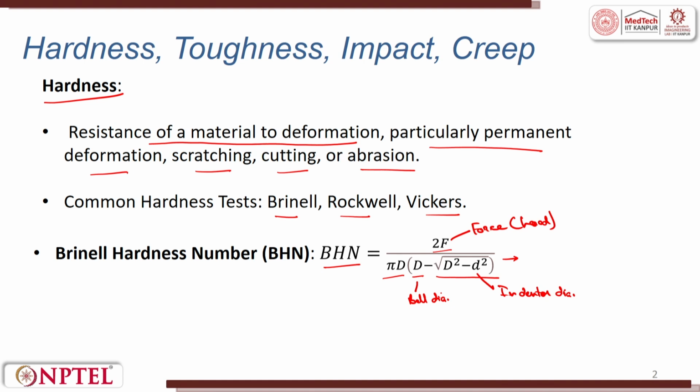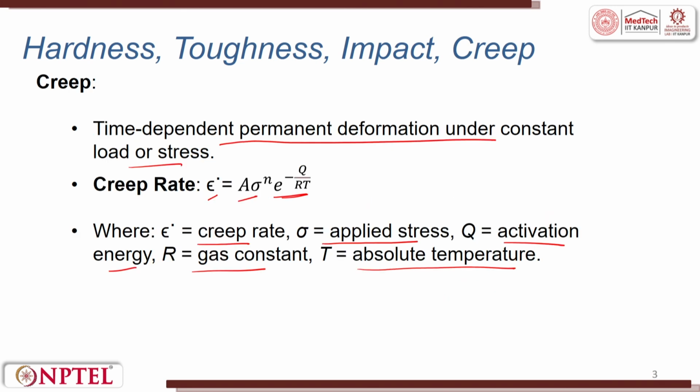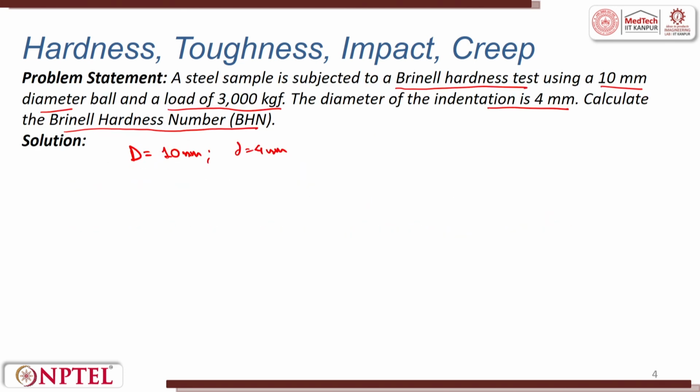Now, we have this relation: BHN is equal to 2F by pi D into D minus the square root of the difference of the squares of the diameters.